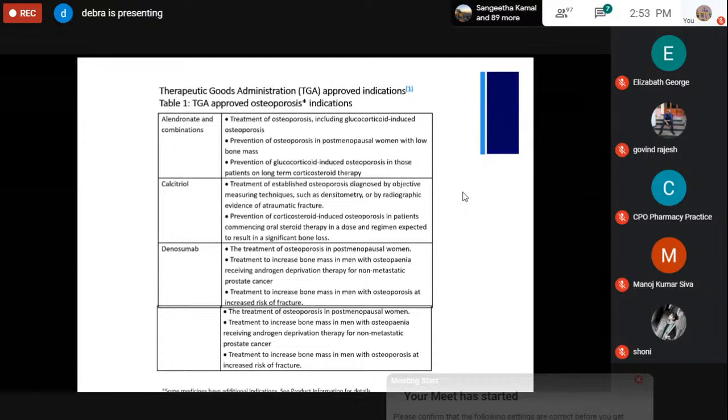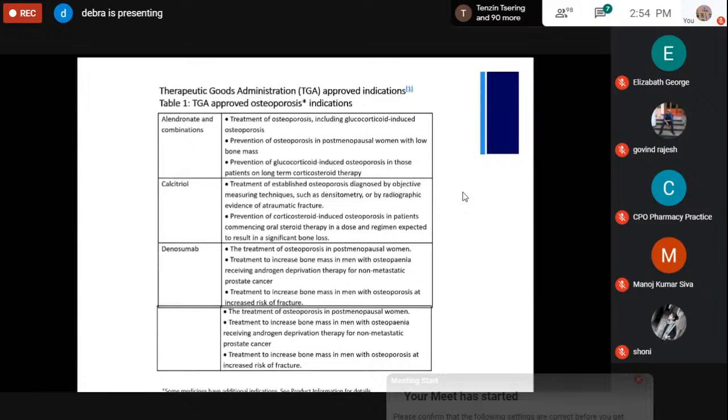So denosumab is available, and it has an approved indication for the treatment of osteoporosis in postmenopausal women, and the treatment to increase bone mass in men with osteopenia that are receiving androgen deprivation therapies for non-metastatic prostate cancer, and the treatment to increase bone mass in men who have osteoporosis and who are at increased risk of fracture. It's also approved for use in osteoporosis in postmenopausal women, and it is widely used.